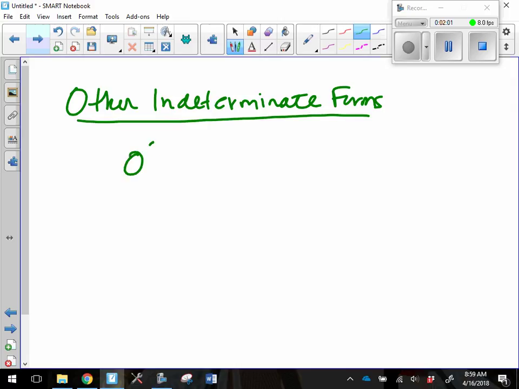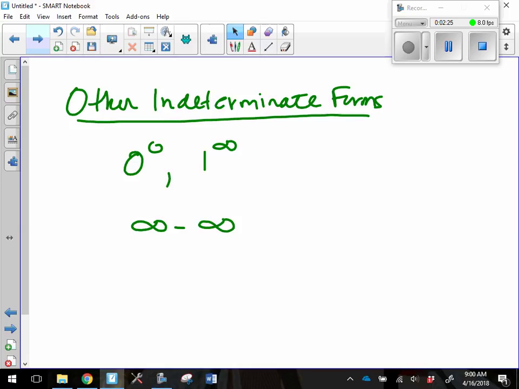And we talked about 0 to the 0, 1 to the infinity. And we've done some examples with those, but the last one that we haven't talked about how to deal with is infinity minus infinity. Okay, and maybe you all figured out how to do the journal question, which would be great, but I thought that maybe we should do it together.